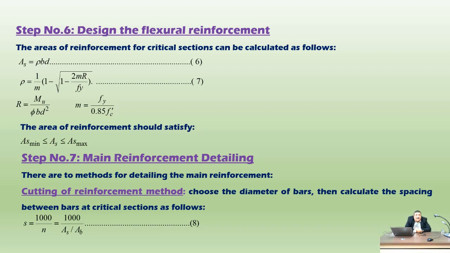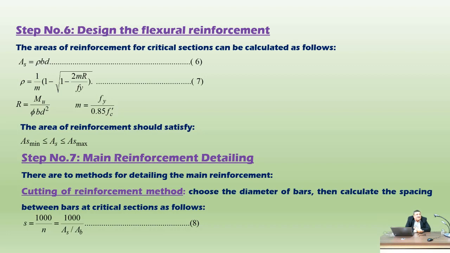R equal to Mu over phi B D squared. Small m equal to Fy over 0.85 F prime C. The area of reinforcement should satisfy As greater than or equal to As minimum, and less than or equal to As max.